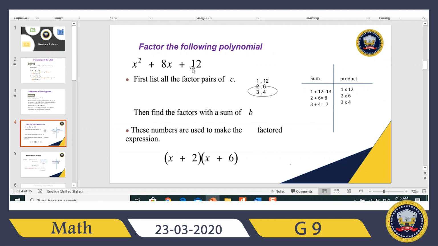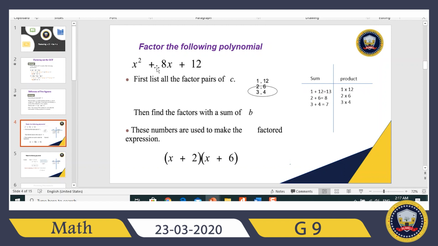This is a trinomial, an expression of 3 terms. So the question is not going to come as a binomial like differences of two squares or sum or differences of two cubes. It's a trinomial because the expression consists of 3 terms.